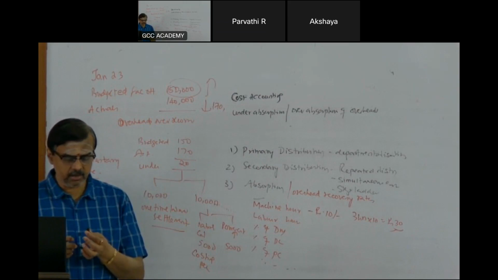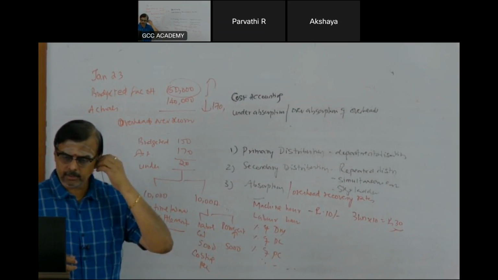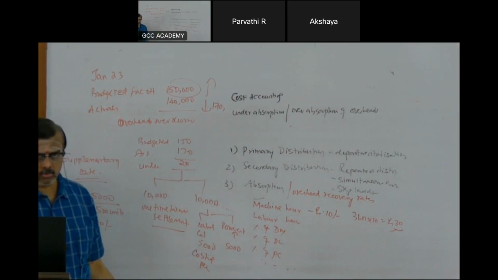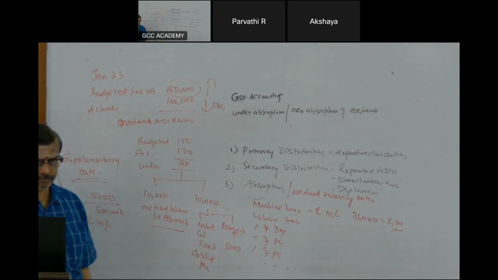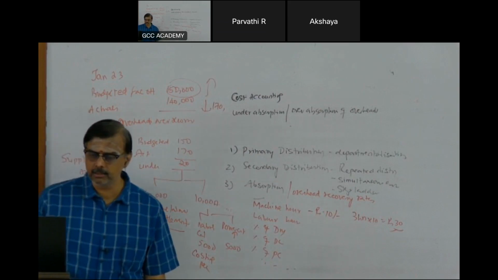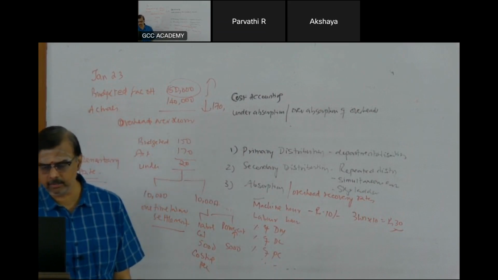So for easy understanding, call it as to be transferred to costing P&L. And any amount relating to abnormal reasons like natural calamity, etc., should be transferred to costing P&L.